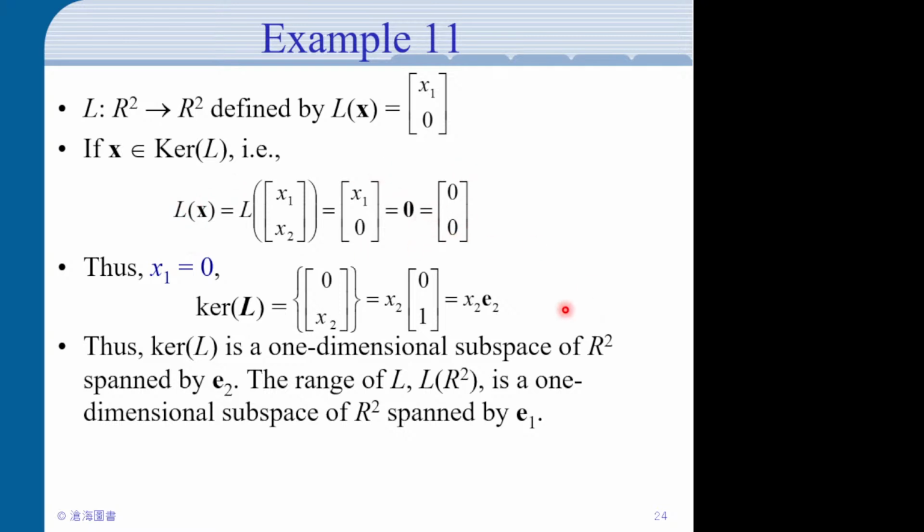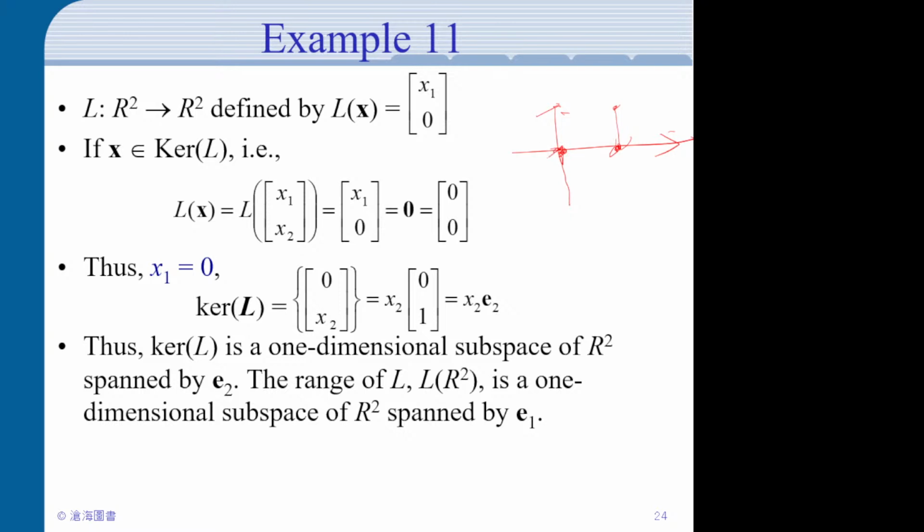Maybe it's good to draw a picture here. So projection on 2D looks like this, right? You have whatever vector here, and it will get projected here. And we say the kernel is the set of things that will get mapped to 0.